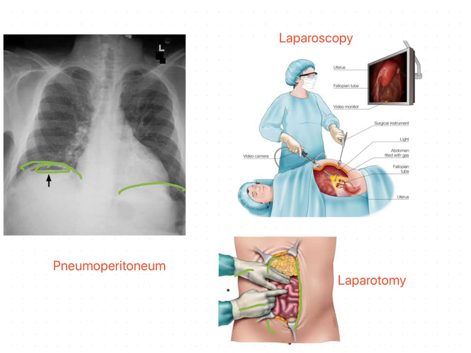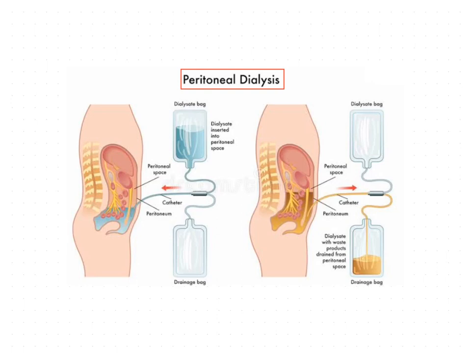Next is another procedure called peritoneal dialysis. Peritoneal dialysis is done in case of renal failure. The procedure removes urea as it diffuses through the blood vessels into the peritoneal cavity.